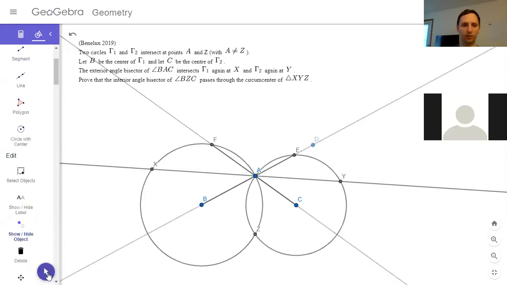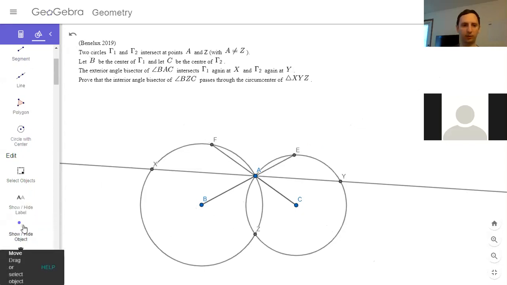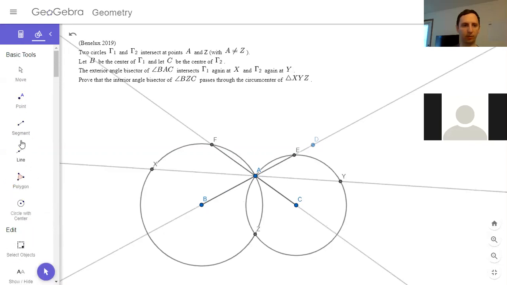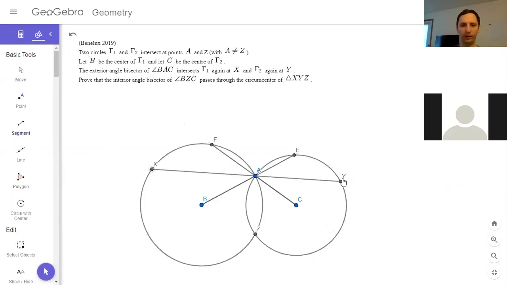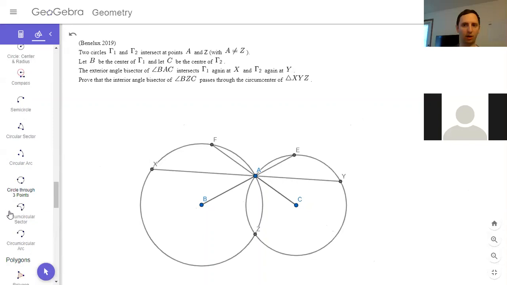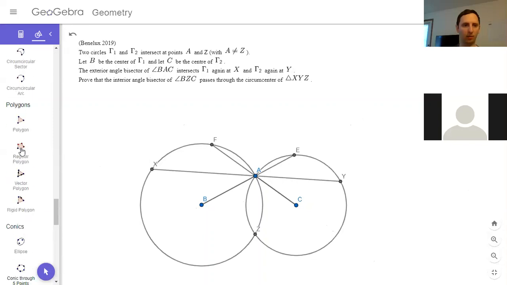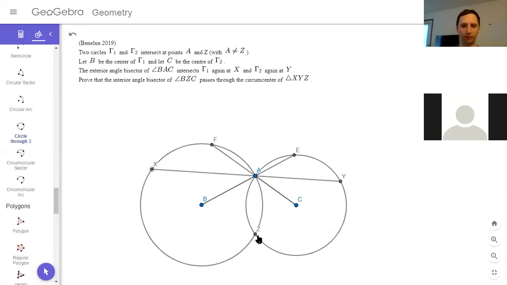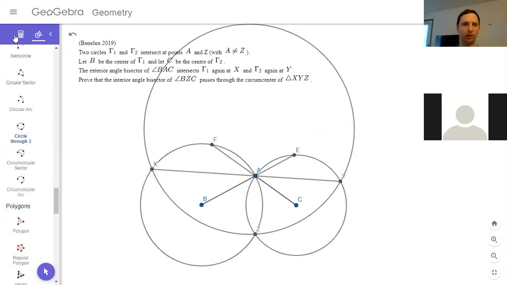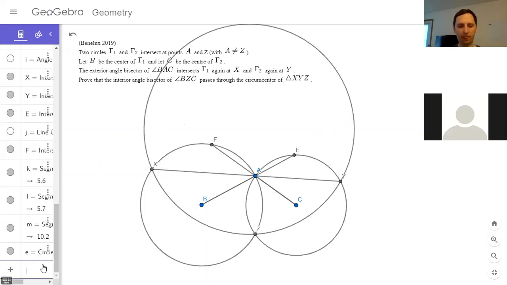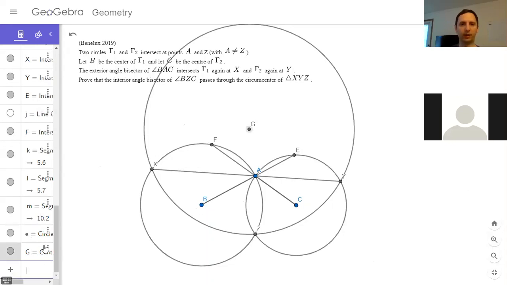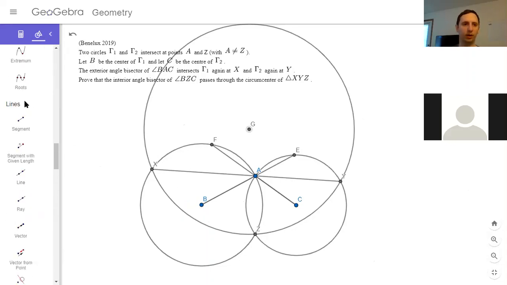Then I want to draw the circumcircle of XYZ. Here's my circle, and there's the circumcenter G. Basically, we want to show the angle bisector of BZC passes through G.